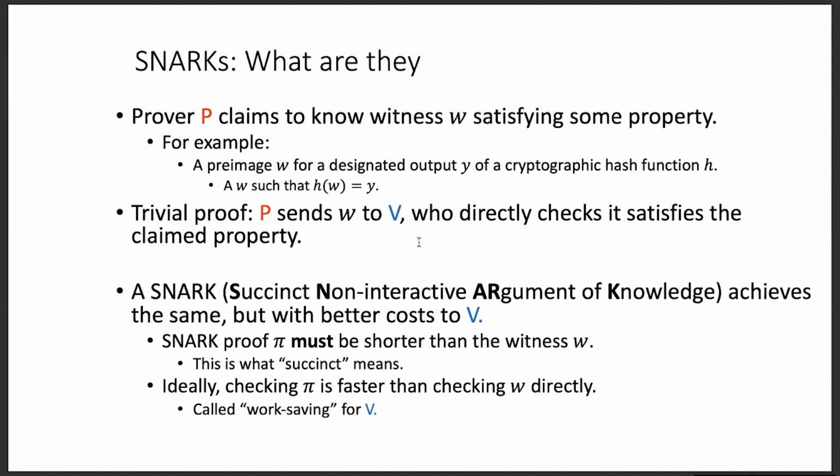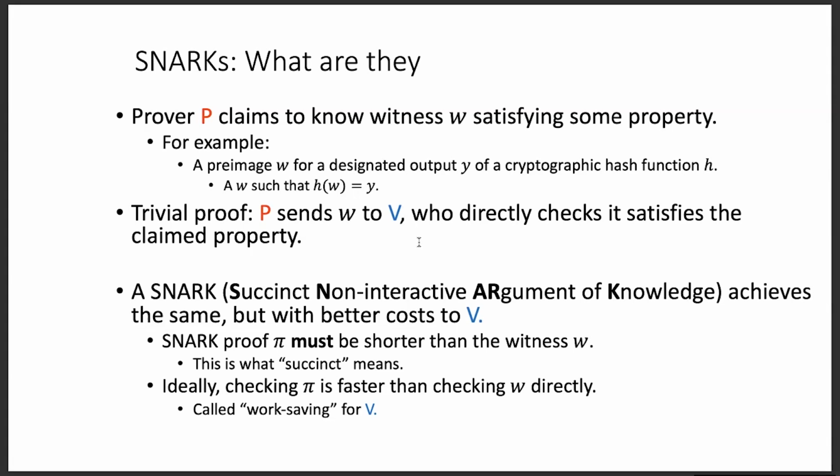The trivial proof that the prover knows w would be to just send w to the verifier, who can directly check that w satisfies the claimed property, in this case by evaluating the hash function on w and confirming it spits out y. Basically a SNARK is any way for the prover to prove to the verifier that it knows w with costs better than that of the trivial proof system.